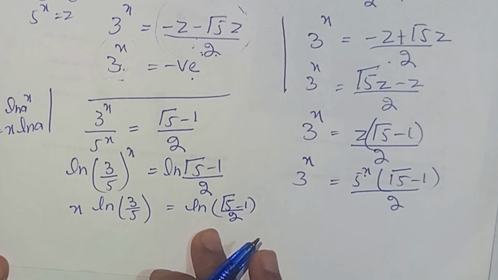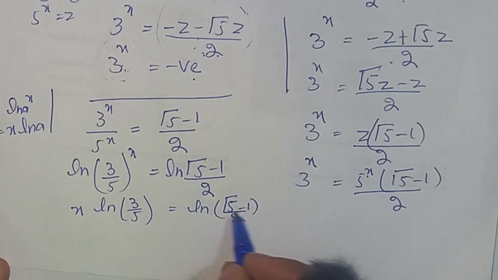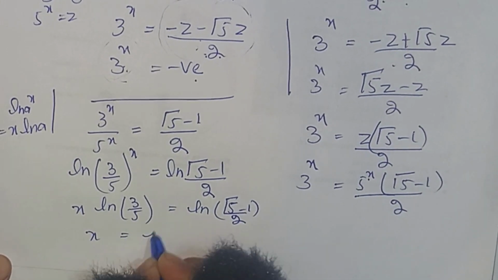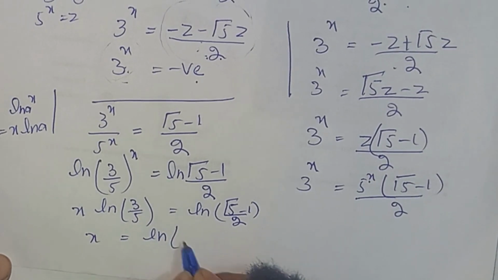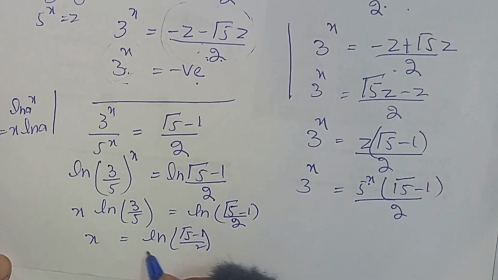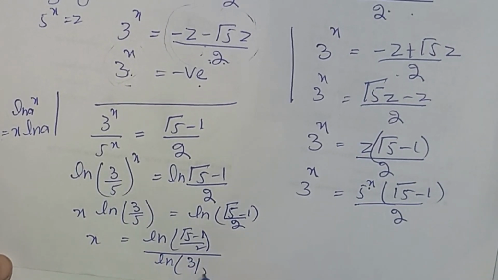In the next step, we divide this equation by ln(3/5) on both sides, so x is equal to ln((square root 5 minus 1) over 2) divided by ln(3/5).